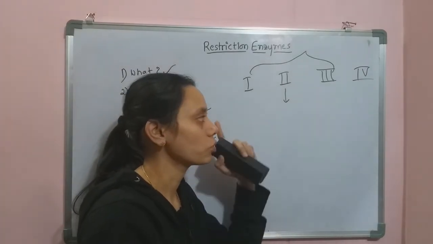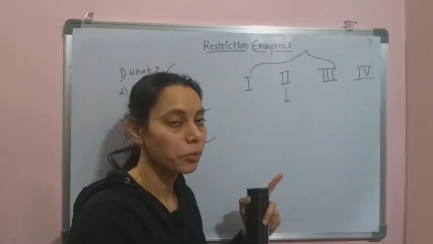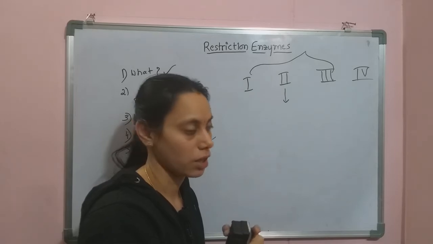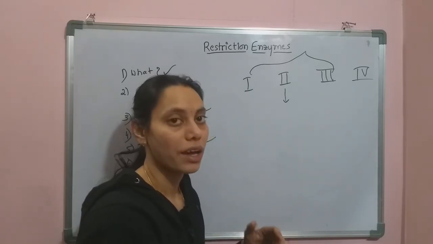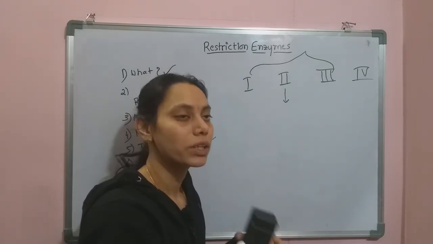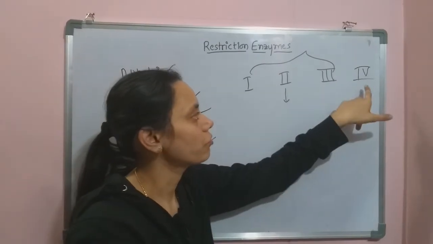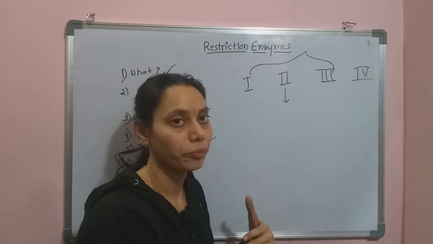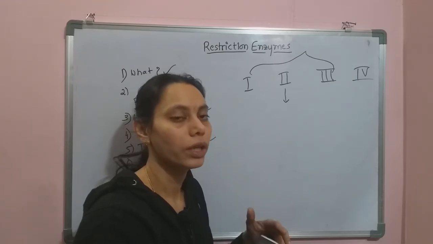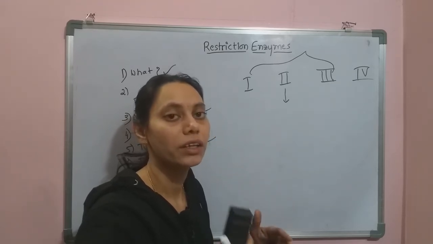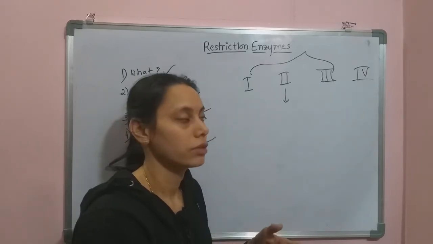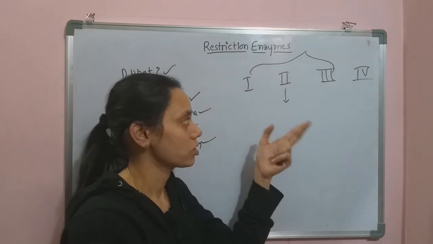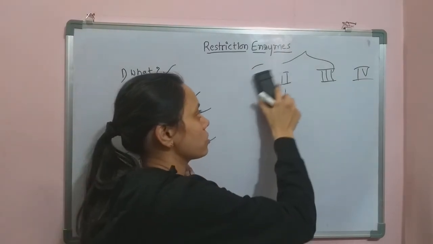Type 2 enzymes have only restriction enzyme activity, that means they'll cut the DNA. They don't have the activity to add methyl groups to the DNA. Coming to the fourth, type 4 restriction enzymes cut the DNA only when the DNA is already methylated. So these are the main differences between the different restriction enzymes.